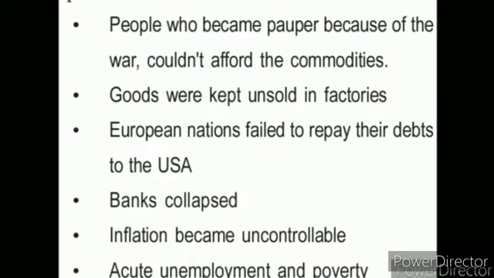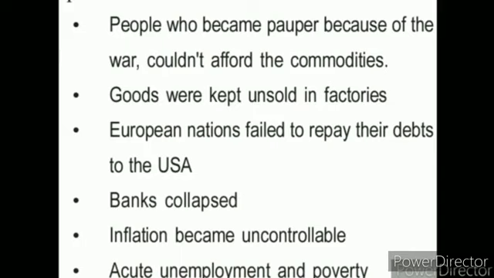The economic growth of US did not last long. The world was thrown into an economic crisis in 1929. What are the important impacts of this economic depression? Look at the screen. 1. People who became pauper because of war couldn't afford the commodities. Second, goods were kept unsold in factories.